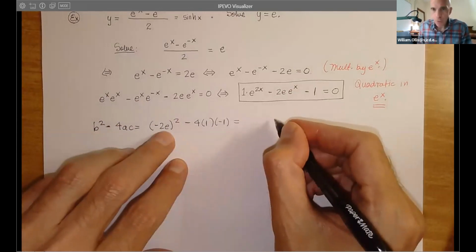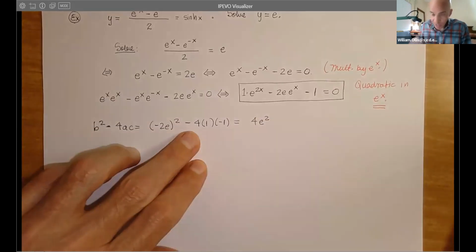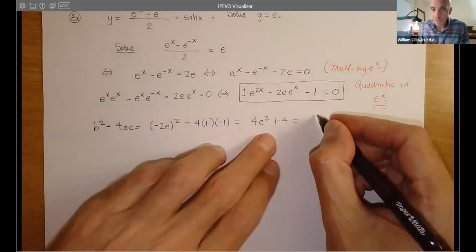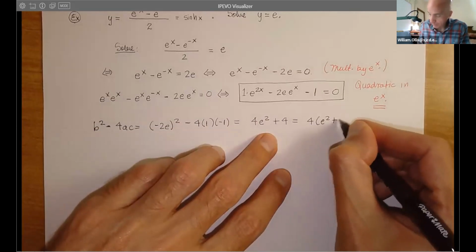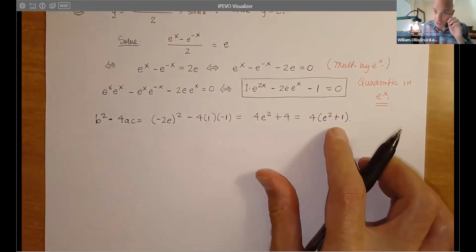So now we have 4e squared, minus minus, plus 4. And of course, we can factor the 4, so we get 4 times (e squared plus 1). So now there's the discriminant.